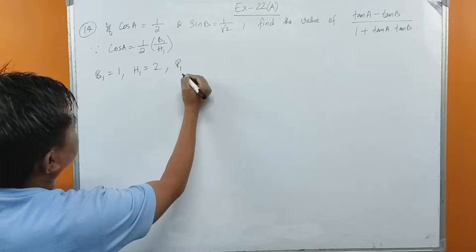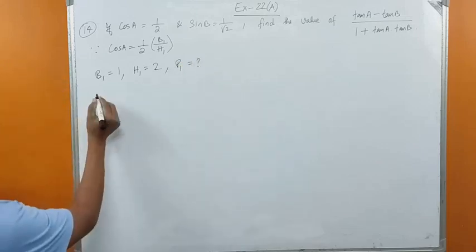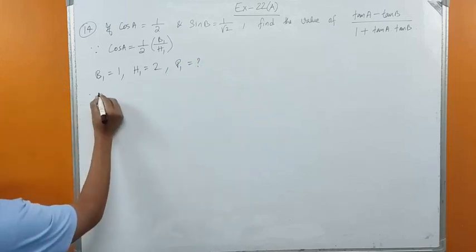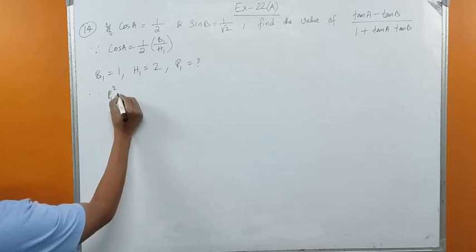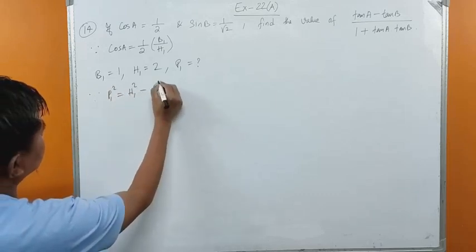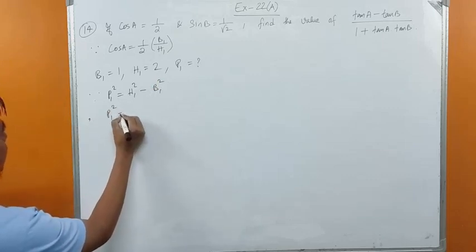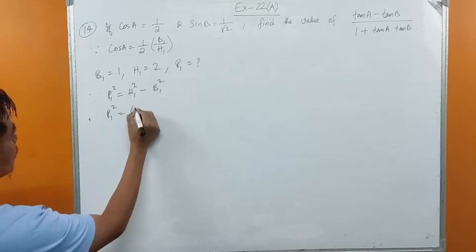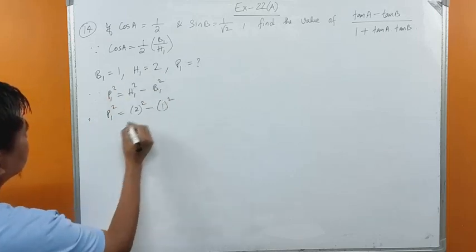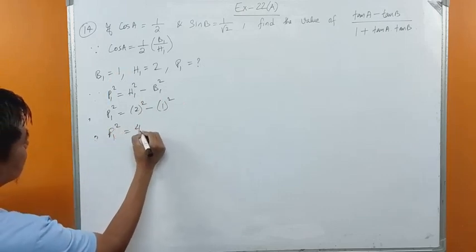So perpendicular P1 equals question mark. We don't know the value of perpendicular, isn't it? Applying Pythagoras theorem, let us find P1. P1 square equals H1 square minus B1 square. P1 square equals 2 squared minus 1 squared, which is 4 minus 1.